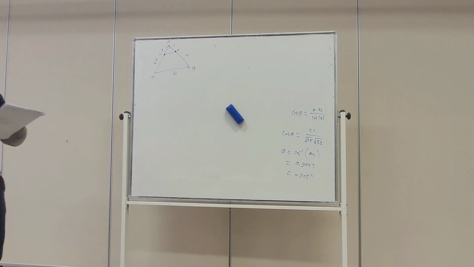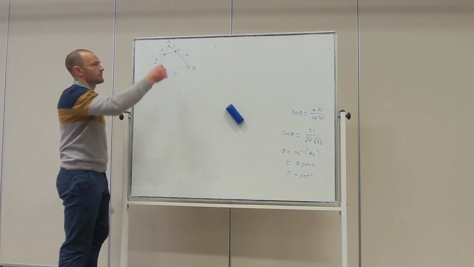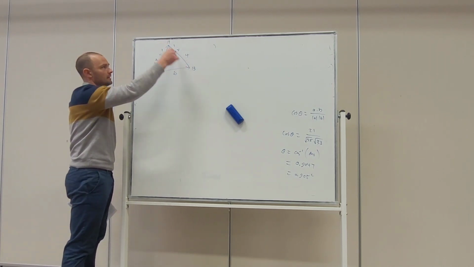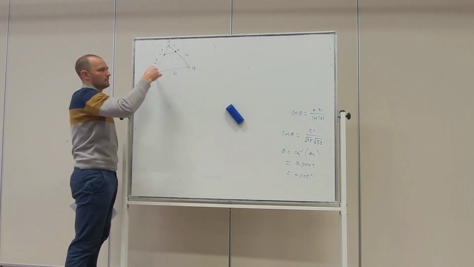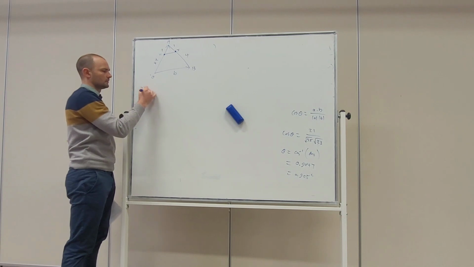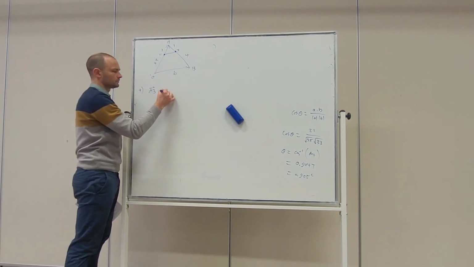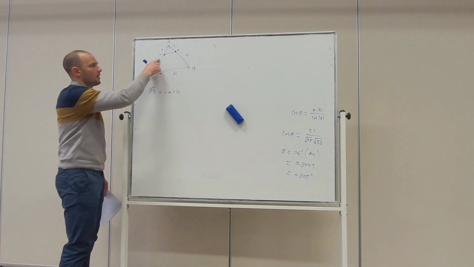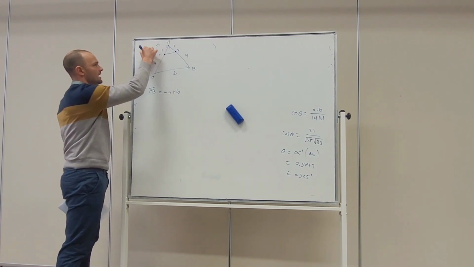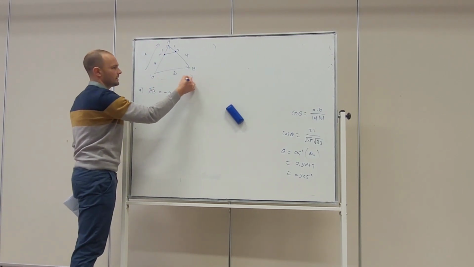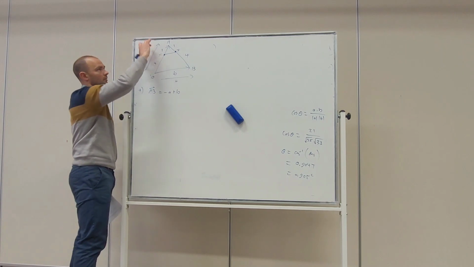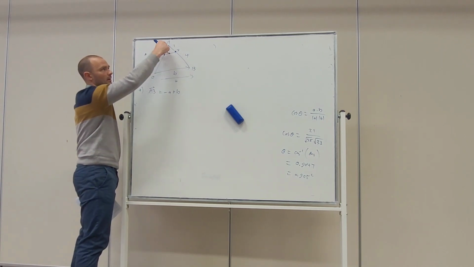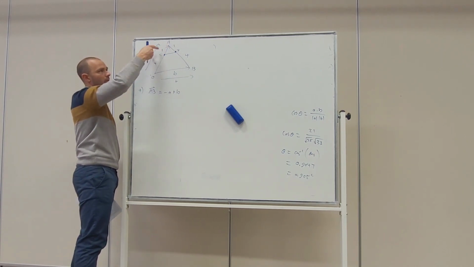But XA, 4 times XA is equal to OX. Alright, in terms of A and B, find vector from A to B. Okay, so the vector from A to B is going to be minus A plus B. Remember we've defined this vector as vector A, this vector as vector B. So when we want to go from A to B, we're going to invert that one, the negative of it.